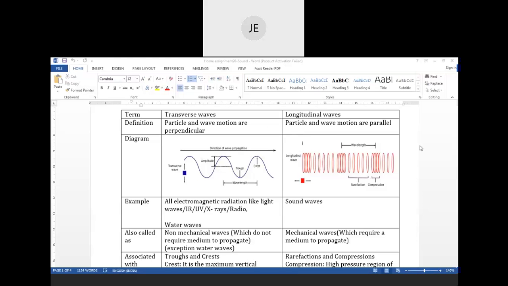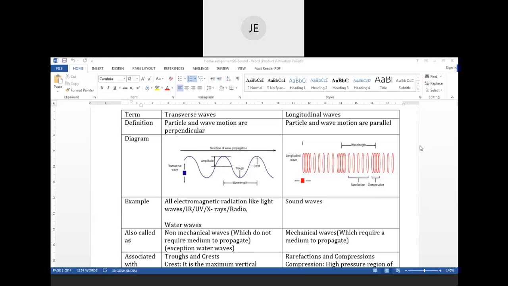The next is the longitudinal wave. A longitudinal wave is nothing but particle motion and wave motion both being parallel. You see in the diagram, the particle movement is left to right, and the wave is also moving from left to right.